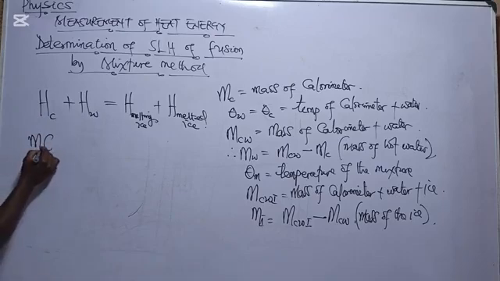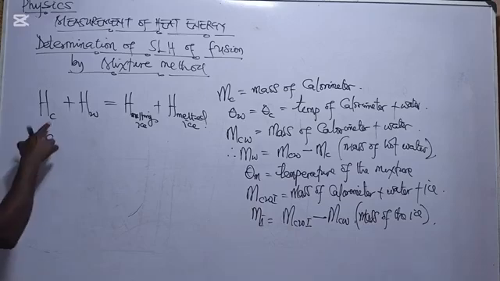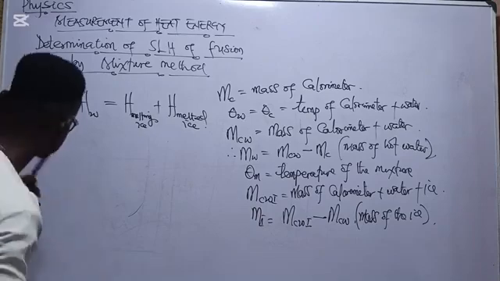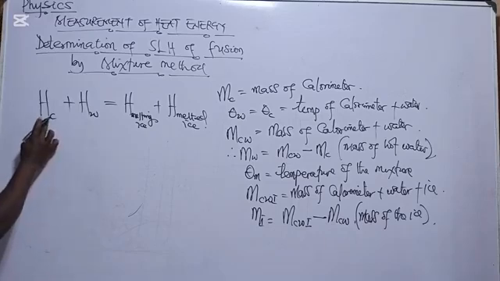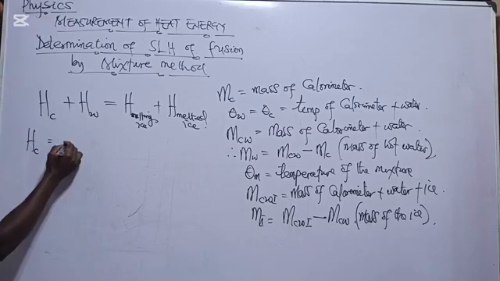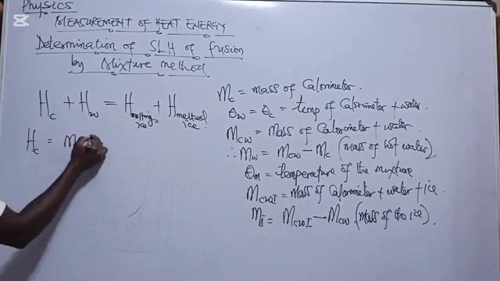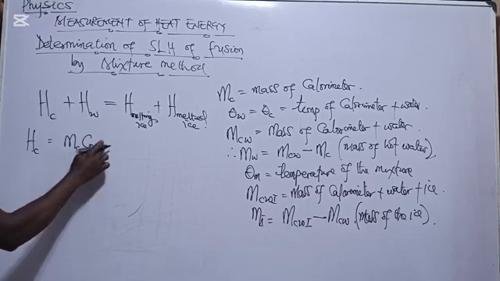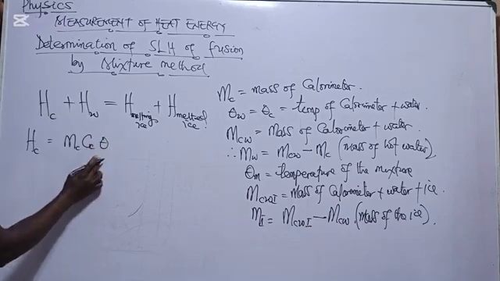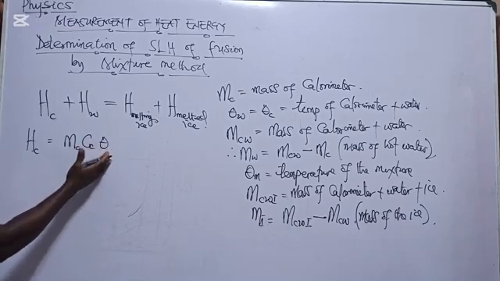of the calorimeter, then the temperature rise, the temperature loss of the calorimeter. Let's get it again. So at this point, the heat lost by calorimeter is equal to mass of the calorimeter, the specific heat capacity of the calorimeter, now the temperature loss of the calorimeter.